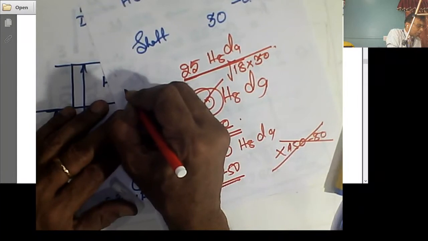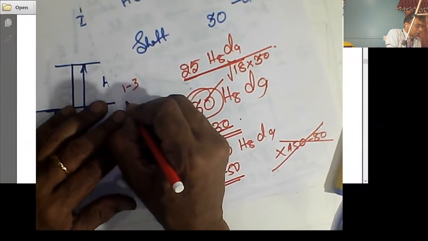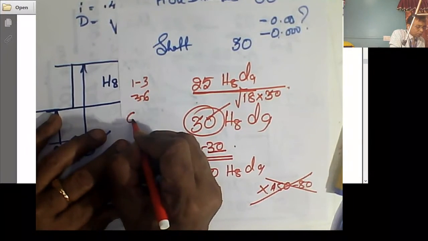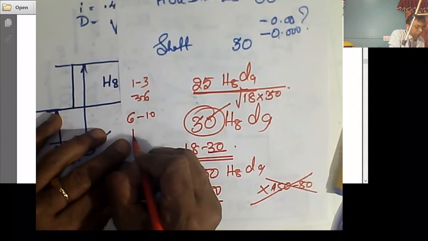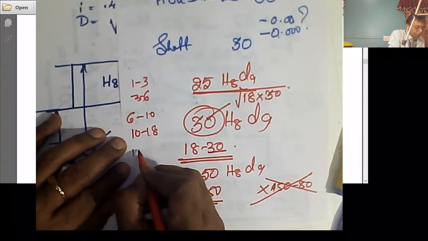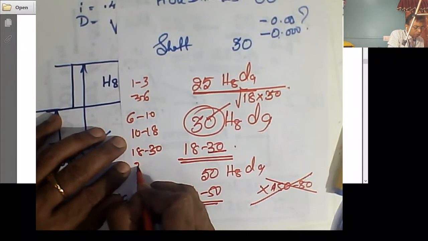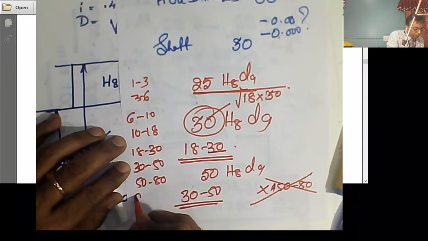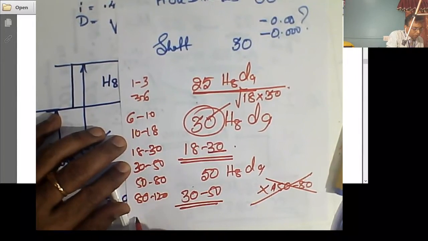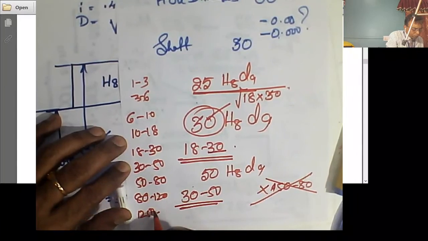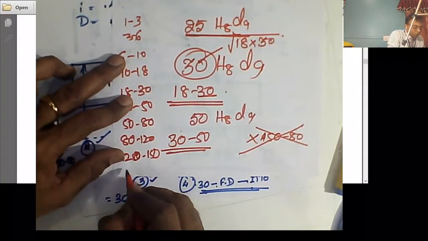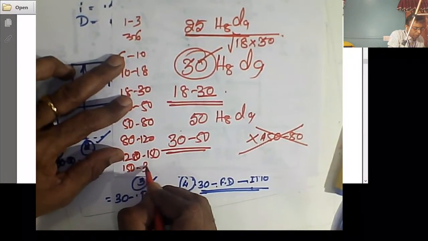Diametral steps are 1 to 3, 3 to 6, 6 to 10, 10 to 18, 18 to 30, 30 to 50, 50 to 80, 80 to 120, 120 to 150, and 150 to 300.